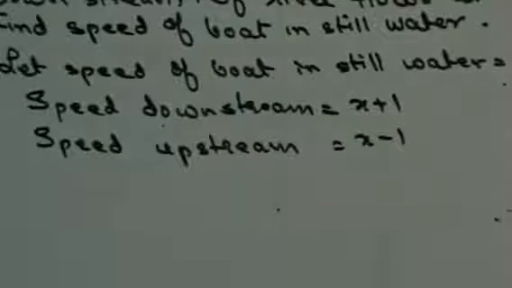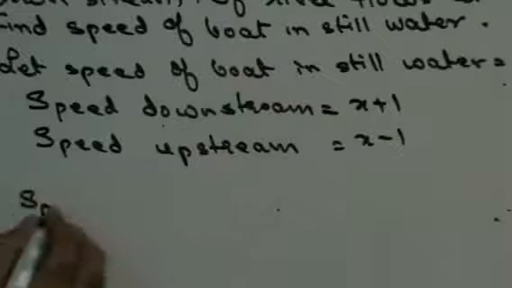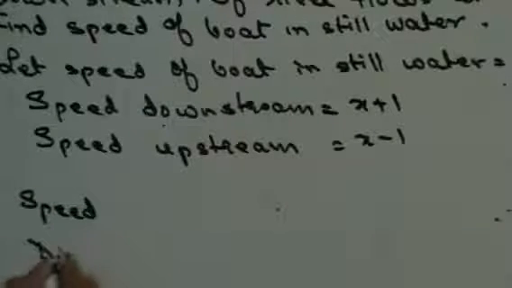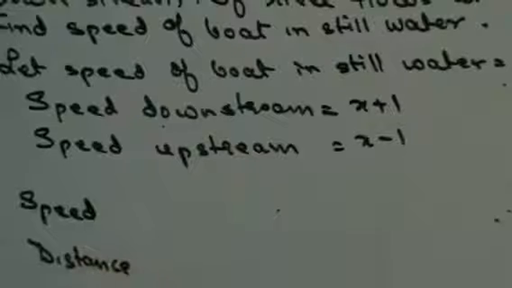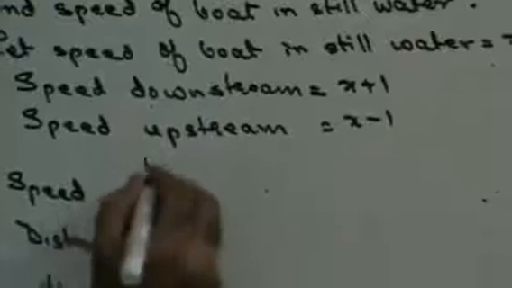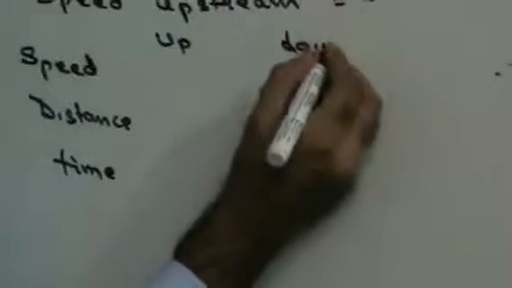Now, they are saying that a boat takes twice as long. Now let's see the speed, distance, time, upstream, downstream. We found out that the upstream speed is x minus 1. Distance, let us assume, is d.